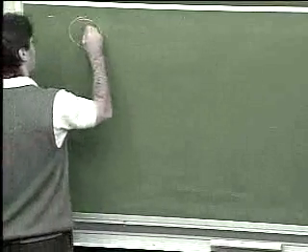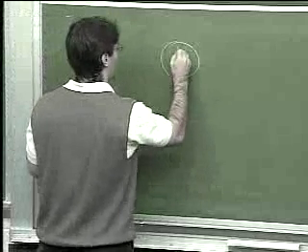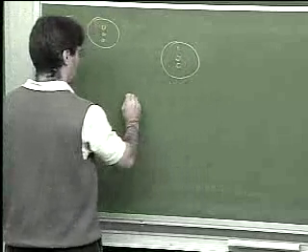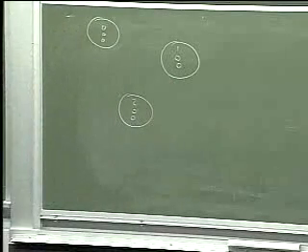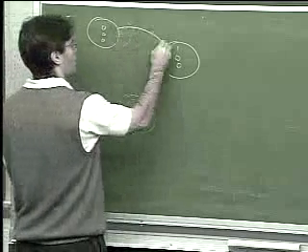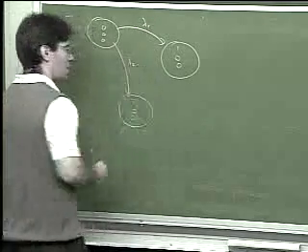Let's say I start in state 0, 0, 0, and from there I can move to state 1, 0, 0, or 2, 0, 0. The rate at which I move to this state is lambda 1, and the rate at which I move to this state is lambda 2.